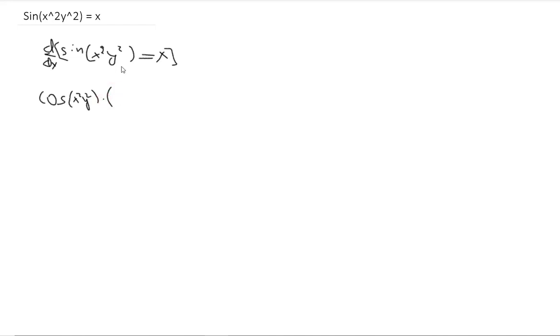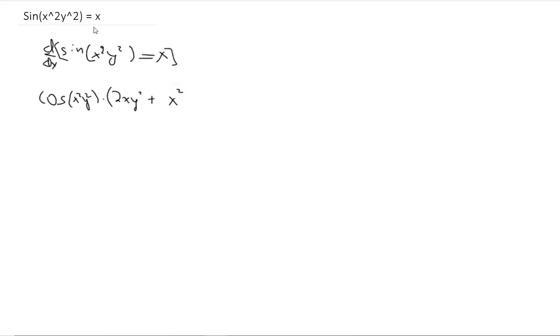We have x squared and y squared. Well, since it's x squared times y squared, we're going to have to use the product rule. So first we do the derivative of x squared, which is 2x. Then we multiply that with y squared. Y stays the same here. Now we're going to add, since it's product rule, the second part. X squared stays the same.